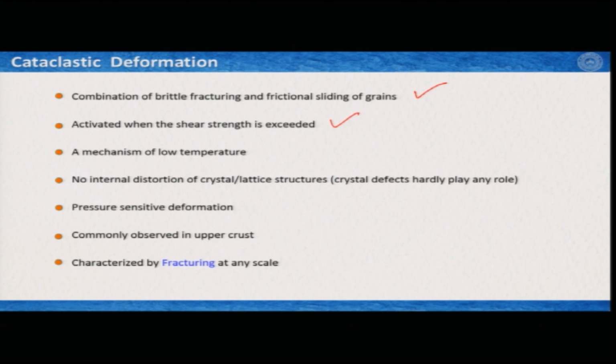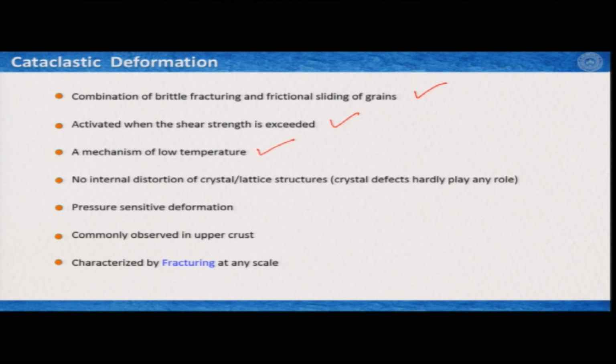Brittle or cataclastic deformation, as we have learned, is a low temperature process. Therefore, we mostly see this either in the shallow crust or on the surface. As I said, there is no internal distortion of the crystal or lattice structures during cataclastic deformation, so crystal defects hardly play any role.